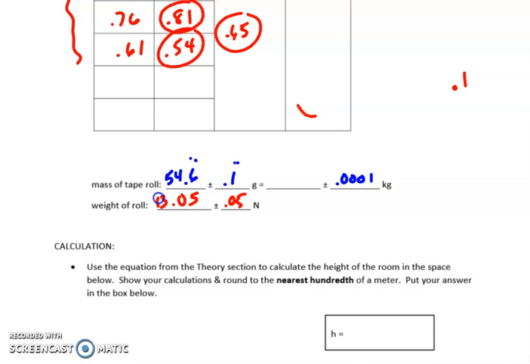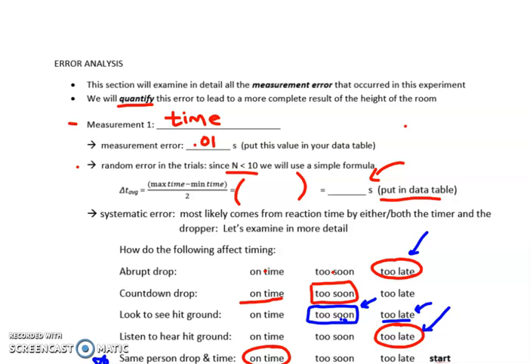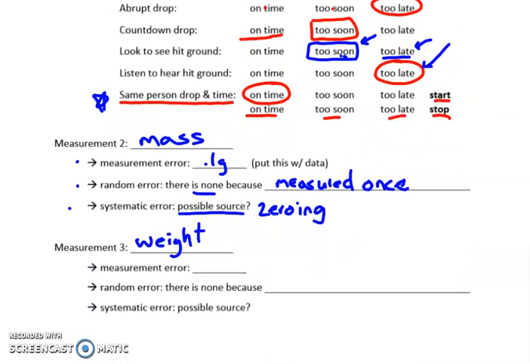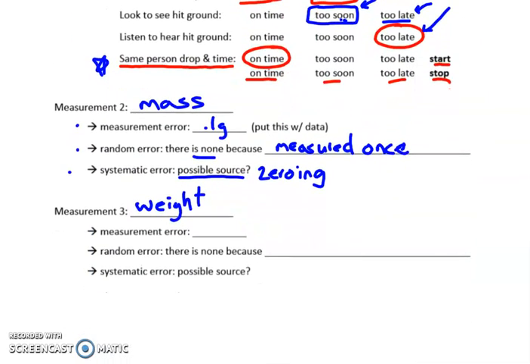Okay, so again, the spring scale is an analog device, so you can always go one place beyond. Since our smallest marking was 1/10 of a Newton, we can go to half of that and be fairly confident. Okay, again, there's no random error because one measurement.